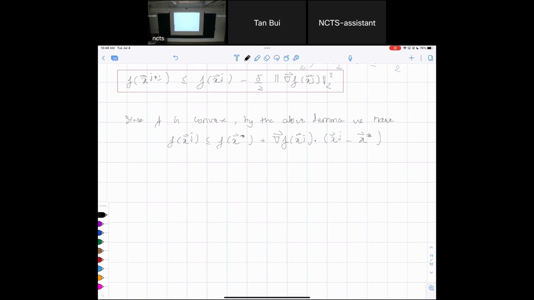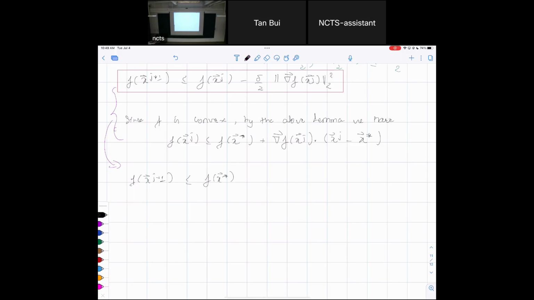So now combine these two together. What I get is the following. If we combine these two, we get f of xj plus 1 less than or equal to f of x star.